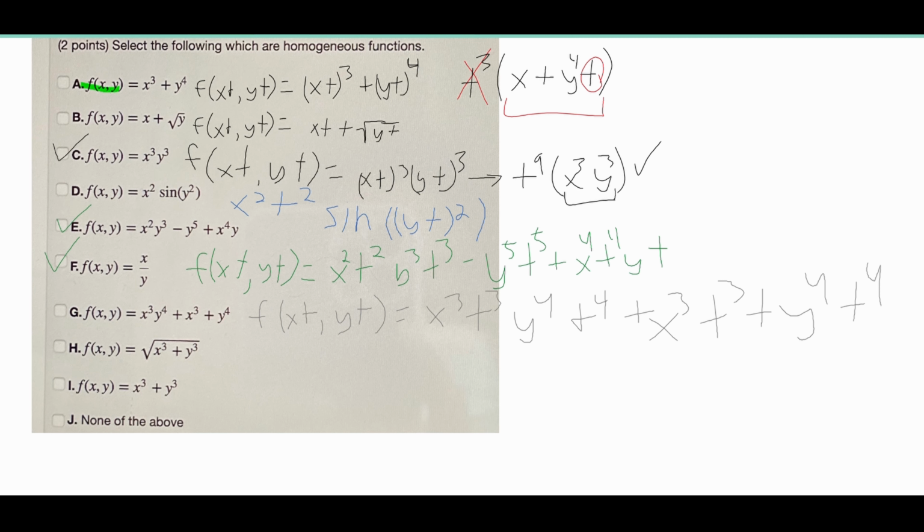We can already see that after plugging in the t the third time, we are not going to be able to completely factor out all of the t's. This means that g is not a homogeneous function.